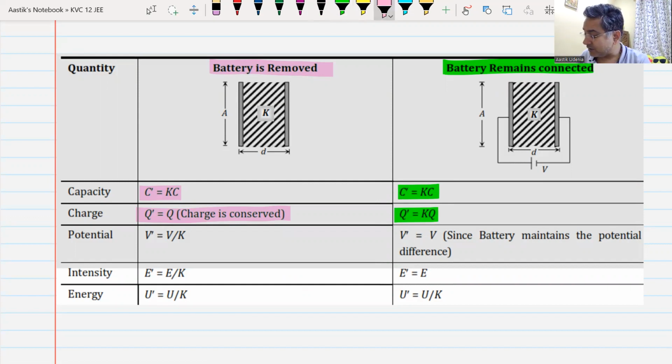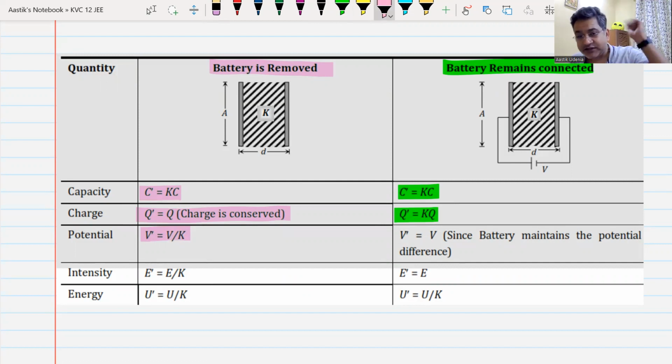In case number one, the potential across the capacitor plates changes.